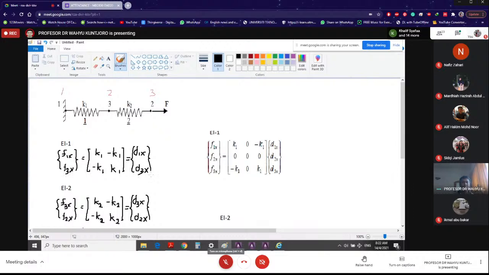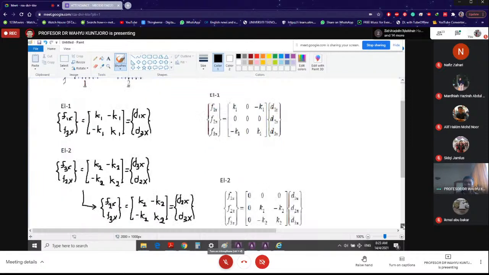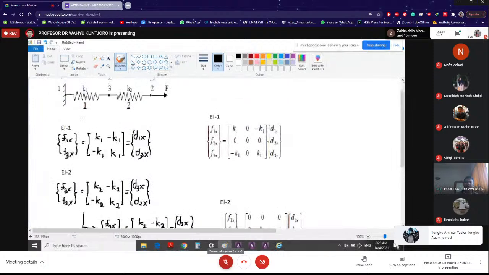All right, so how do we construct the element equation? It is very simple. We do that by constructing the equation element by element. In this case, we will start with element number one.